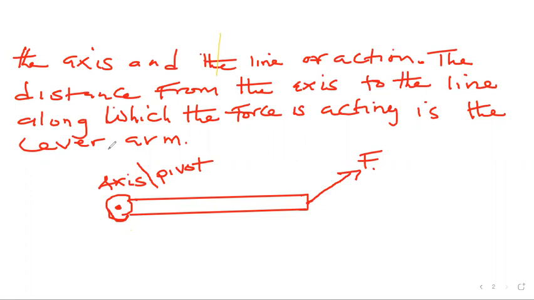Yes, please. I think according to what we learned in grade 12, a pivot is the area where the object is able to turn. Okay, so the point at which an object is able to turn, we call it a pivot.